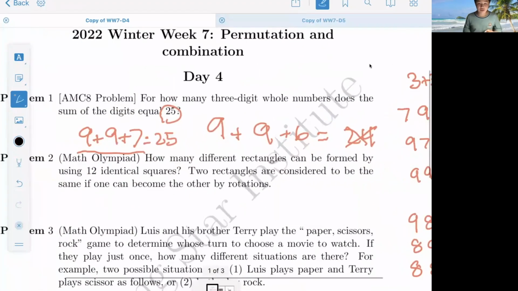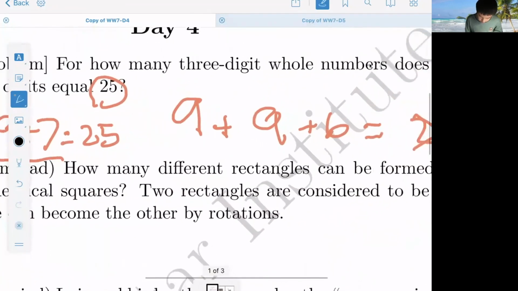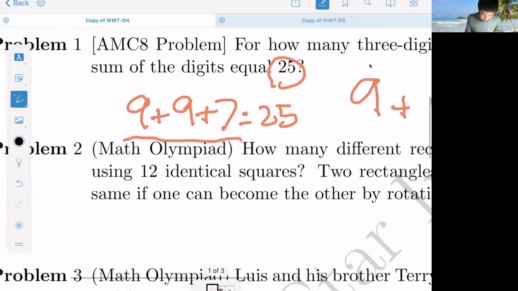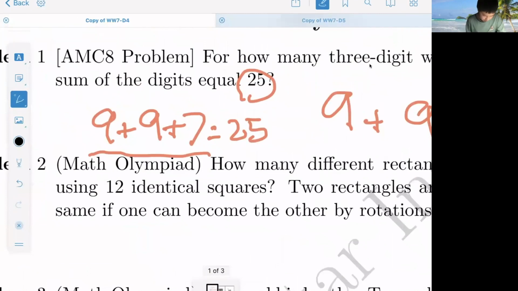How many different rectangles can be formed by using 12 identical squares? 2 rectangles are considered to be the same if one can become the other by rotations. The first rectangle we can consider is one that has a width of 1 and a length of 12. Okay, so the next case would be for it to have a width of 2 and a length of 6.